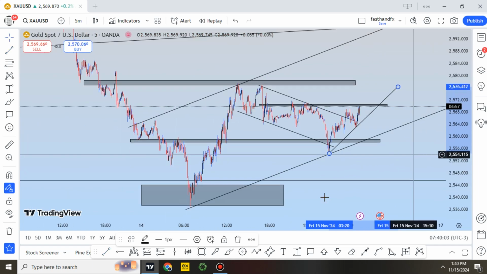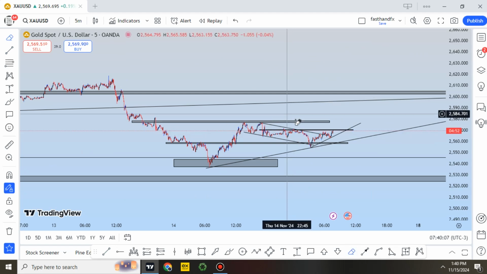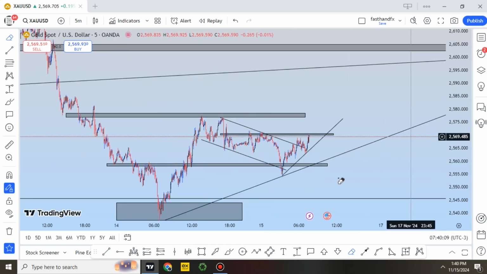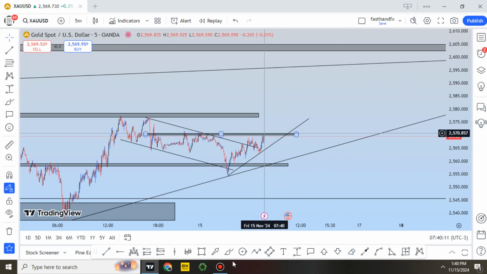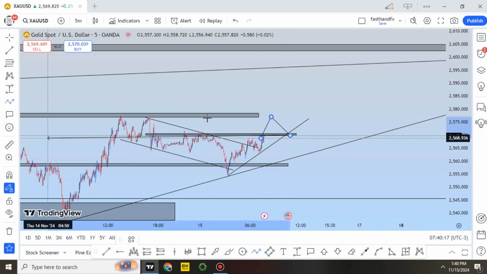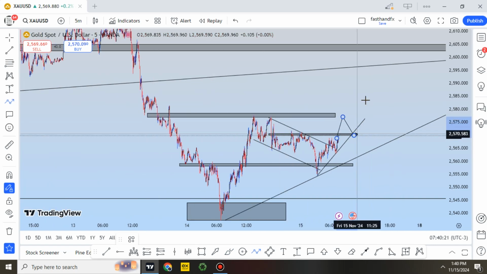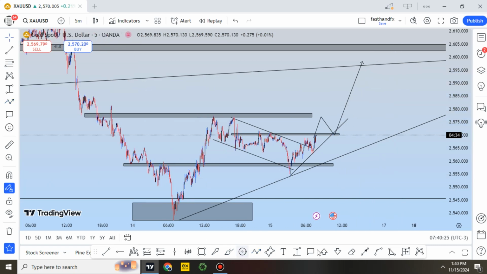So my anticipation is, if I see gold taking out this high, I'm anticipating this pullback right here in respect to this high right there. And if we get a good confirmation, probably we should continue riding the wave, right?